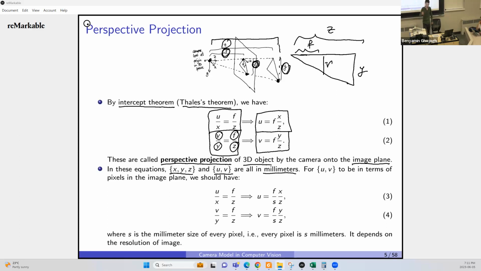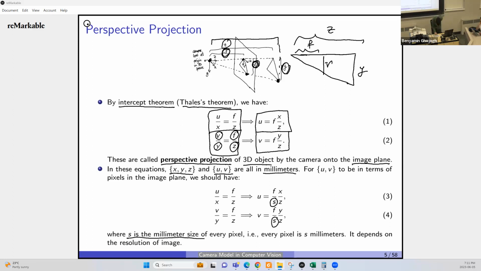So what do I mean by U and V in millimeters? It means that in the image, when I point at a pixel, what is the distance of this point from the top left corner in terms of U and V, in millimeters. However, in the image plane, I want it to be in terms of pixels rather than millimeters. Therefore, I will divide this side by S. And what is S?